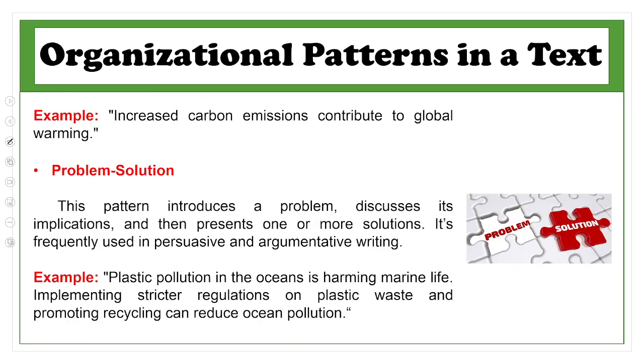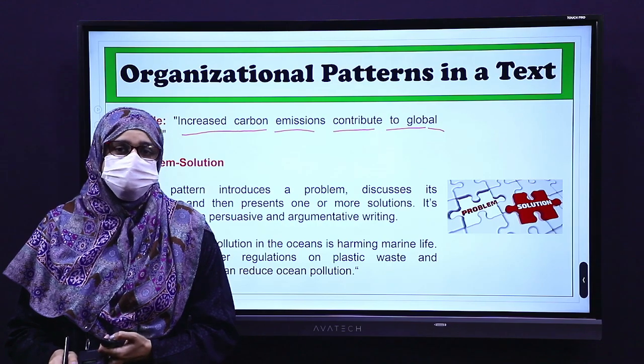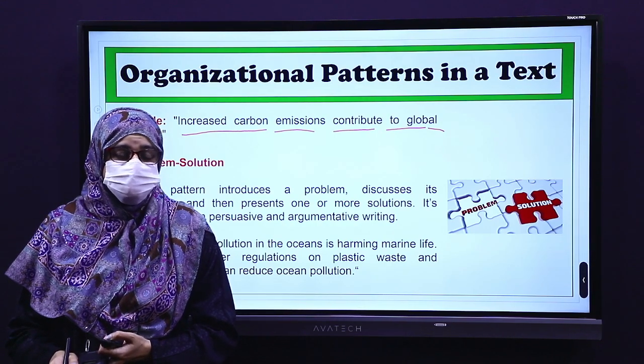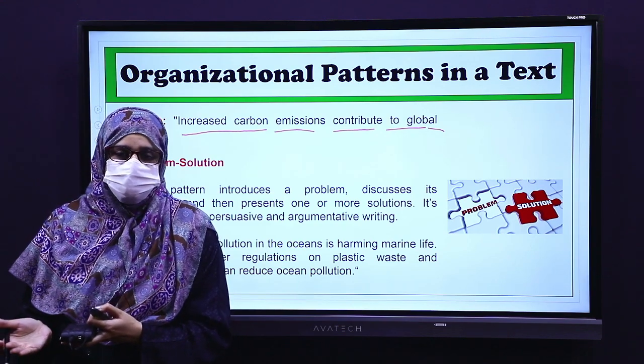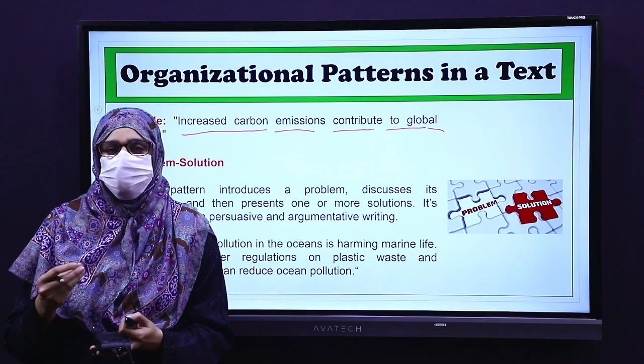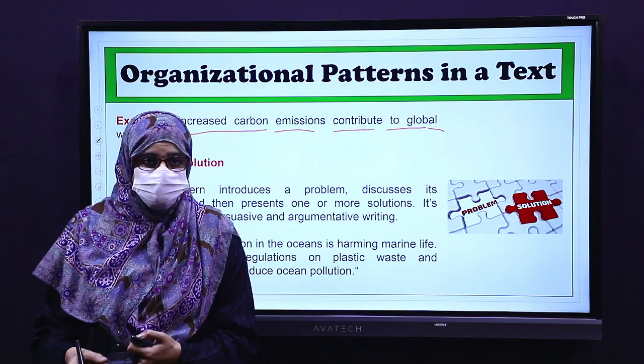For example, increased carbon emissions contribute to global warming. So, since I already taught you about different transitional devices, and in those transitional devices, I taught you about the cause and effect transitional device. So, this is also leading to that particular thing. Can you see that?